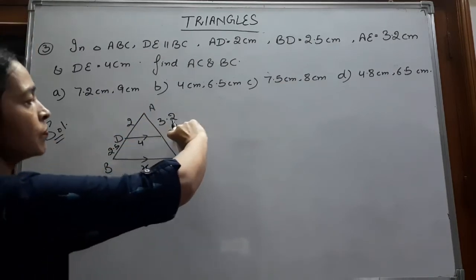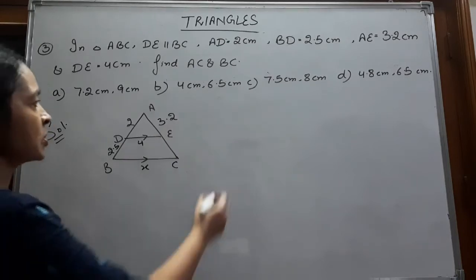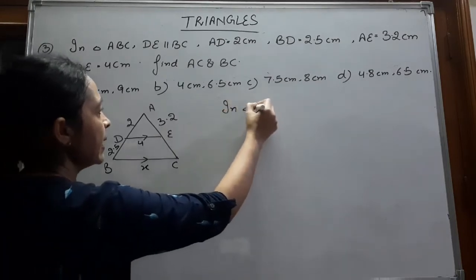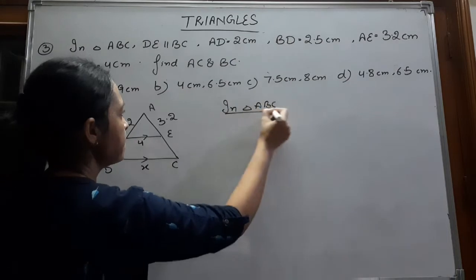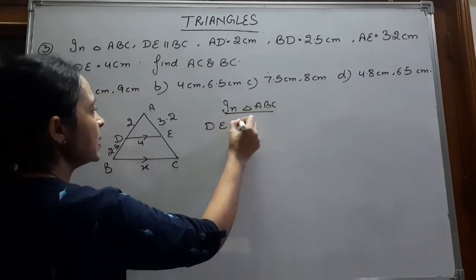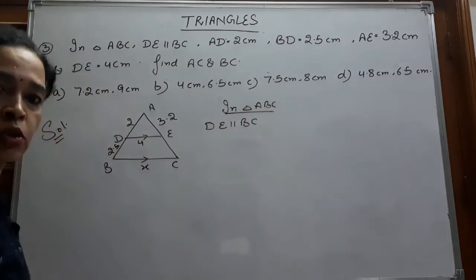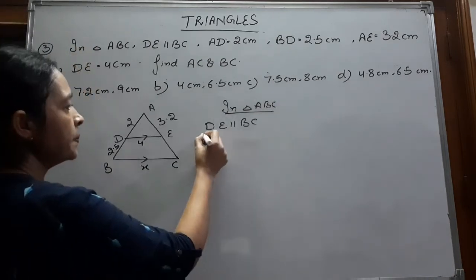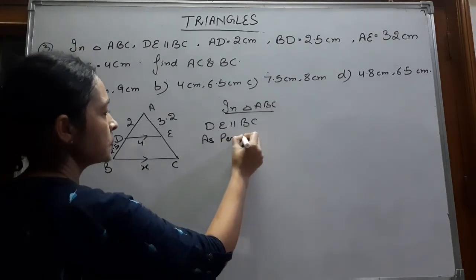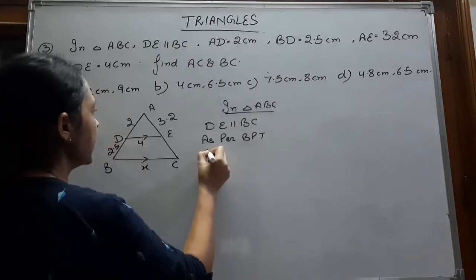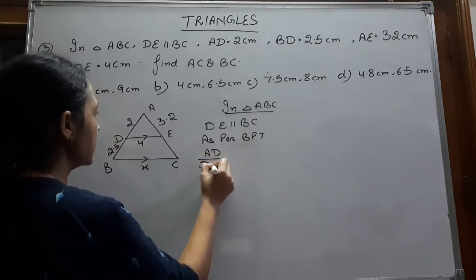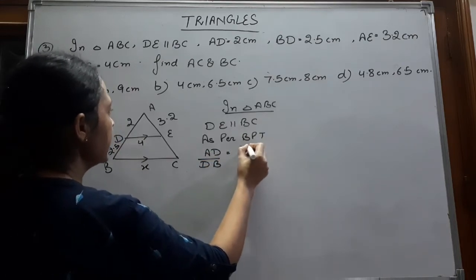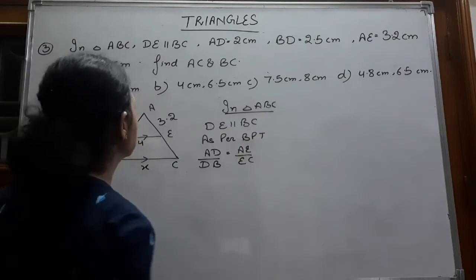For AC, we will first find EC. Now, in triangle ABC, DE is parallel to BC. So, as per BPT, AD upon DB equals AE upon EC.